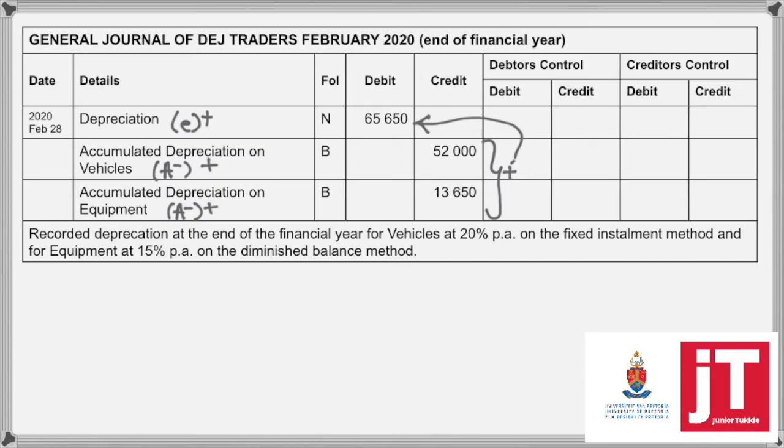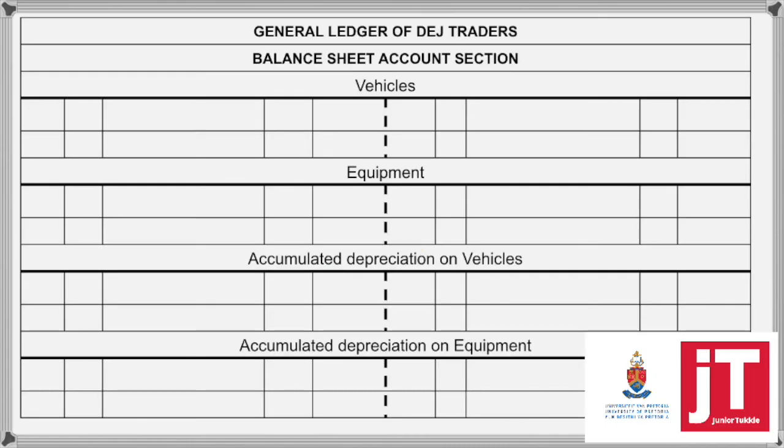And your narration must always just include the rate and the method. So you're going to say vehicles, we recorded depreciation at the end of the year for vehicles at 20% per annum on the fixed installment method, and for equipment on the 15% per annum on the diminished balance method.